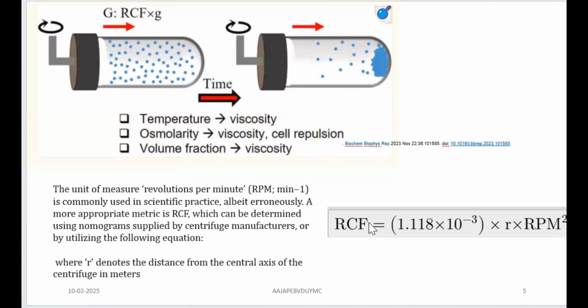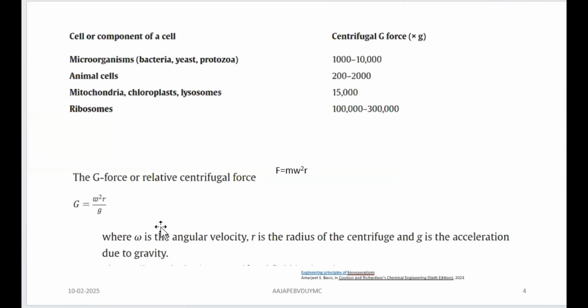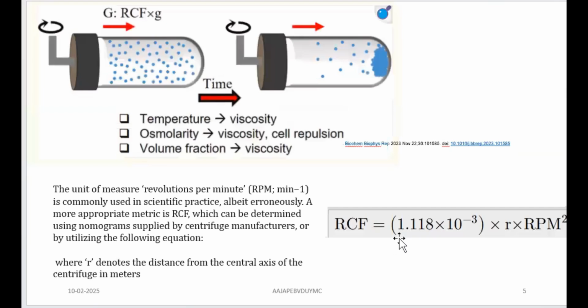That is how you are going to rearrange the equation, and RCF is equal to omega square. So omega square is nothing but pi square RPM square upon 30 square, right? And this is divided by 980. So if you do all this calculation, it will come to the value 1.118 into 10 raised to minus 3 into R into RPM square.